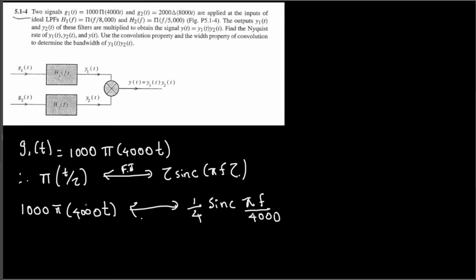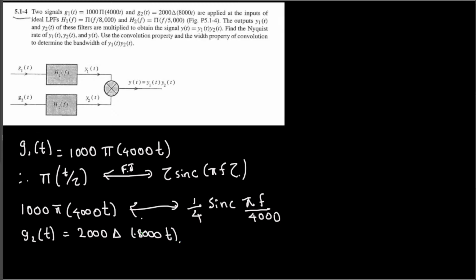Now let's look at the second one as well. In the second one we have g2(t), that is 2000 triangular(8000t).